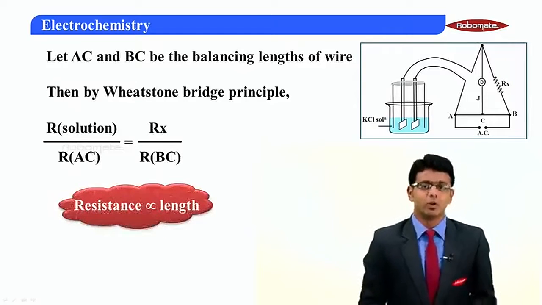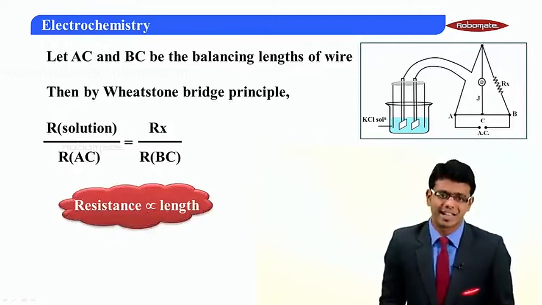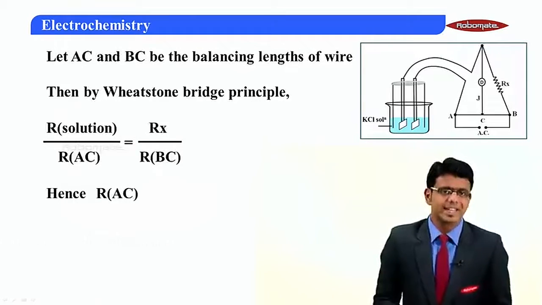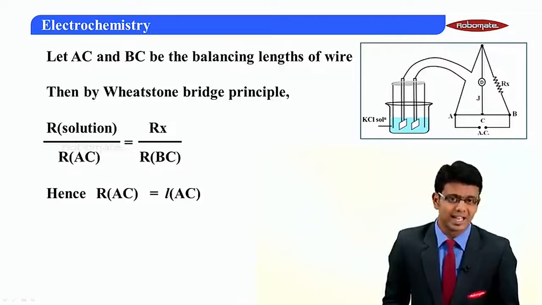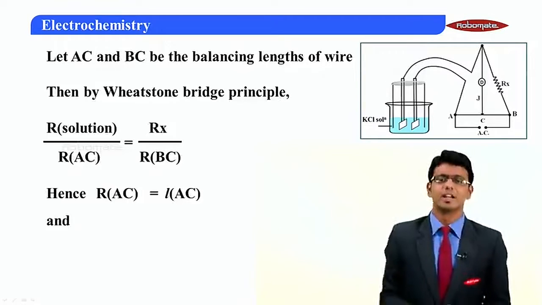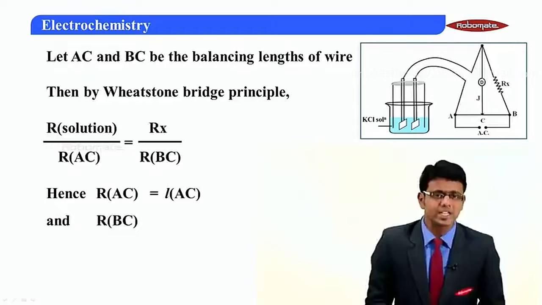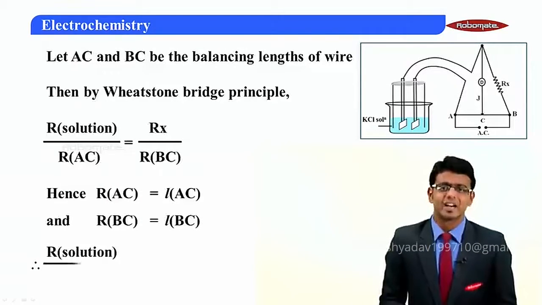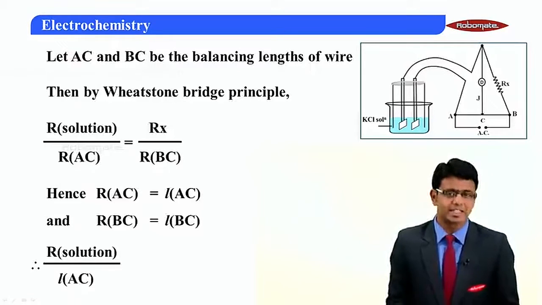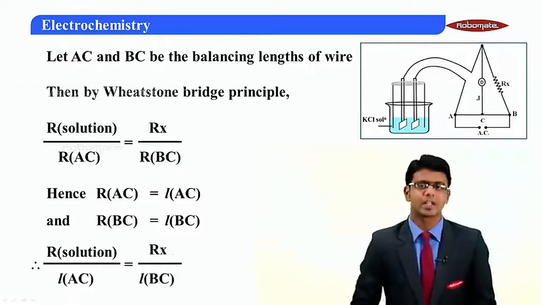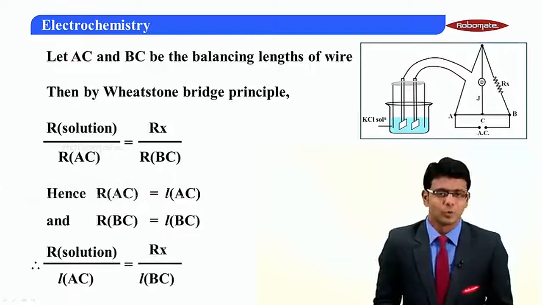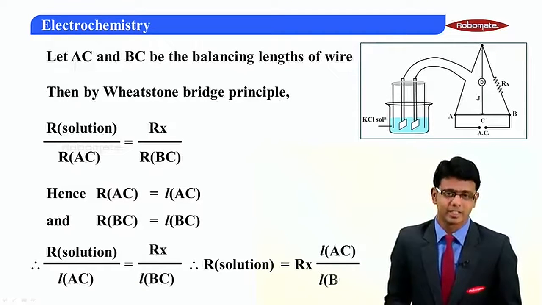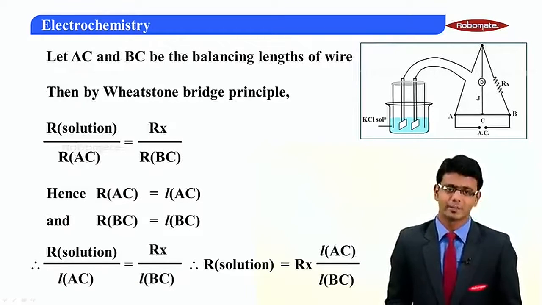And we know that resistance is directly proportional to the length. So resistance AC corresponds to length AC, and similarly resistance BC corresponds to length BC. So we can say that resistance of a solution upon length AC is equal to Rx upon length BC. So resistance of a solution is equal to Rx into length AC upon length BC.